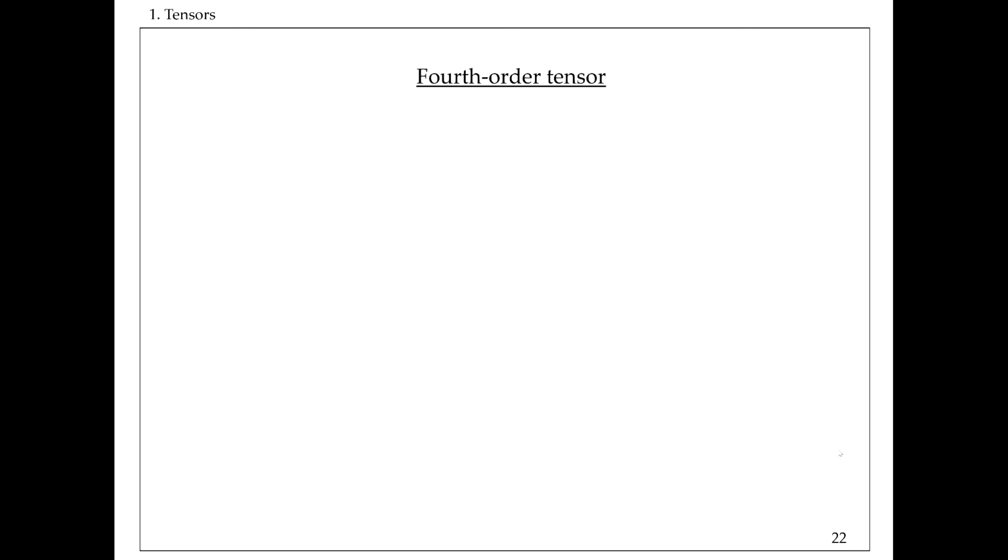In this particular case, when we take a second order tensor that depends on another second order tensor, the result will be a fourth order tensor. So let's follow this in smaller steps and see how it comes to this structure.